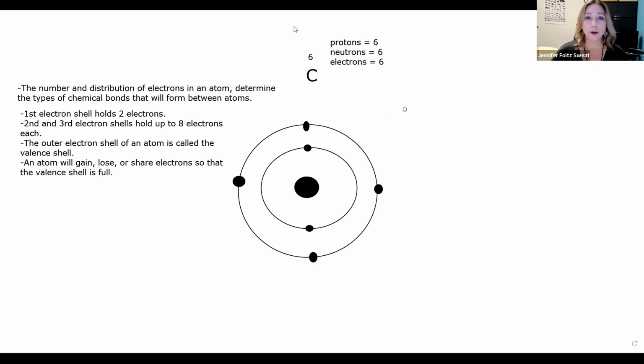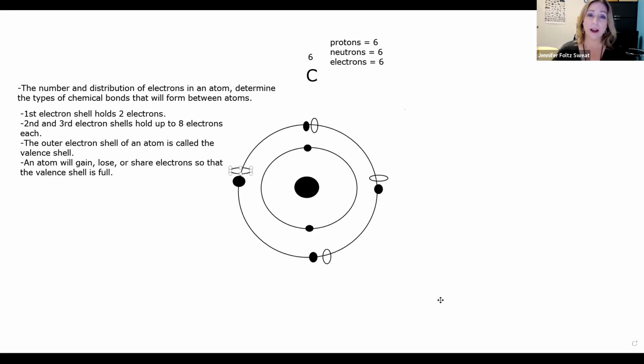Now this atom needs 8 electrons in that outer shell. Remember, the second and the third shell can hold 8 electrons. And so your atom will gain, lose, or share electrons in order to get that full outer shell. So for carbon, I'm going to draw vacancies here. It needs an electron there, there, there, and there.